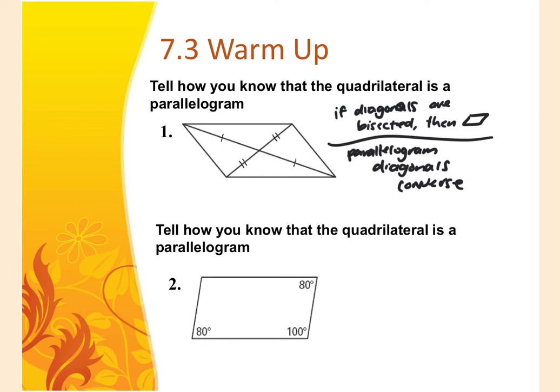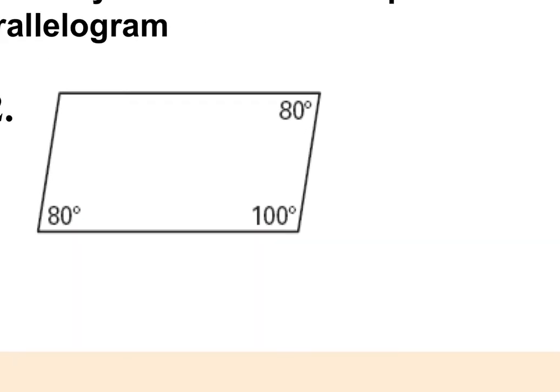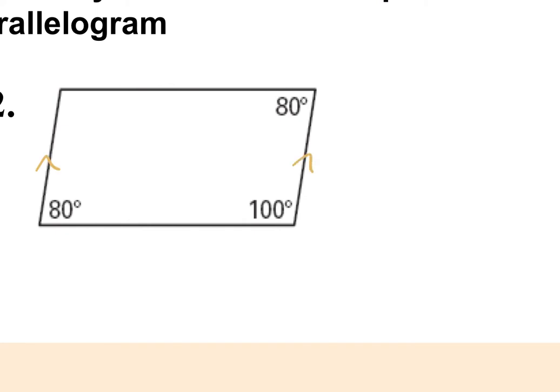Okay. 2 says, tell how you know the quadrilateral is a parallelogram. From the information that is just there, you can't use a converse, because there isn't one that says if consecutive angles are supplementary, then it is a parallelogram. What you can do is show that this line is parallel to this line, and that's the same side interior, or consecutive interior angle converse.